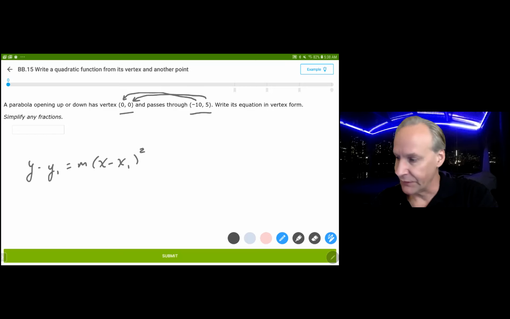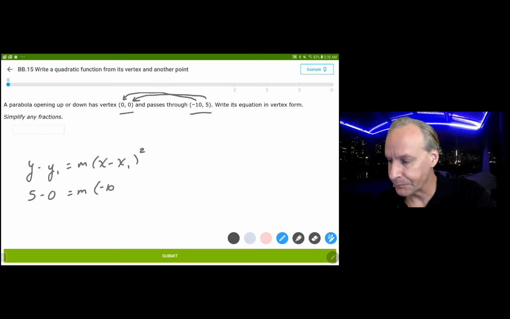So anyway, we've got 5 minus 0. And again, you could call this a or m or n or any variable. It doesn't matter. I like m for whatever reason. I'm just going to leave it as m. Next time I'm going to call it a. So anyway, x is, remember we have to start over here, -10 minus 0 quantity squared.